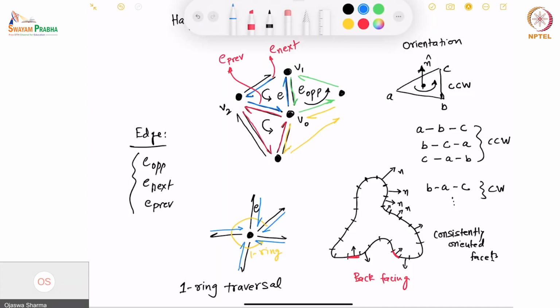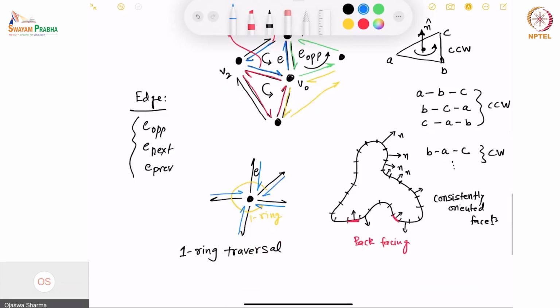So how do I do this one ring traversal? You are given E. From E, you jump to, and let me not use the arrow here because that could be confusing, I'll just use a comma here. So from E, you go to E previous, opposite, and let's call it E1.